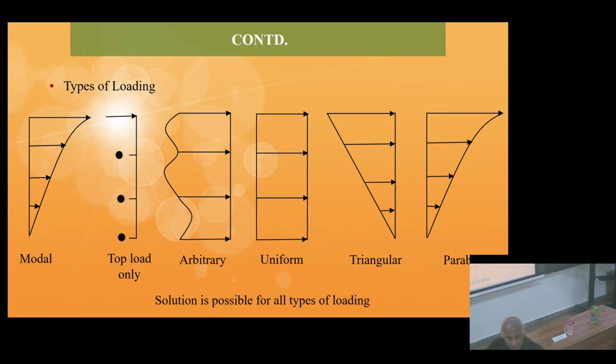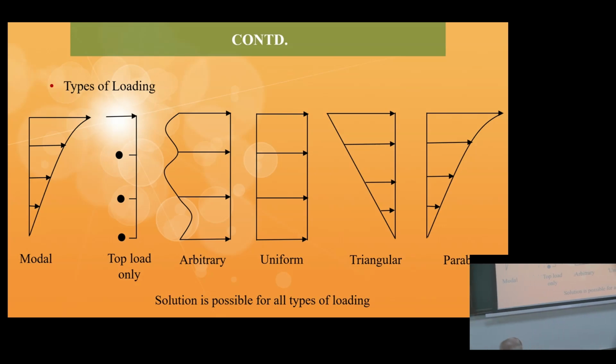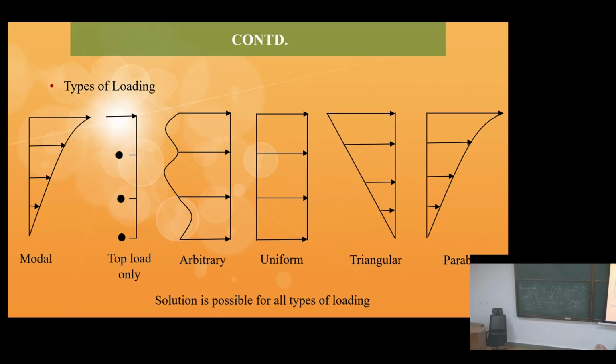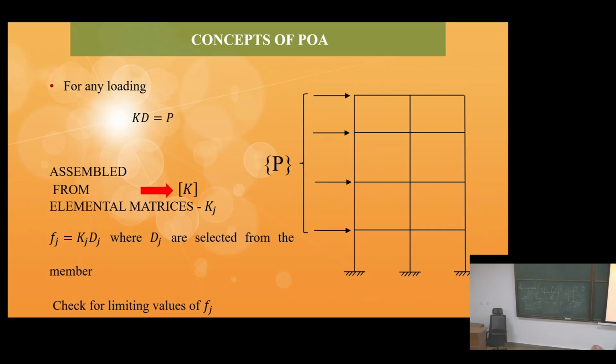So primarily, the distribution of displacement when you push it is guided by the stiffness distribution of the system. Now, what we are talking about over here, if I go back to the previous slide, sorry, previous slide.